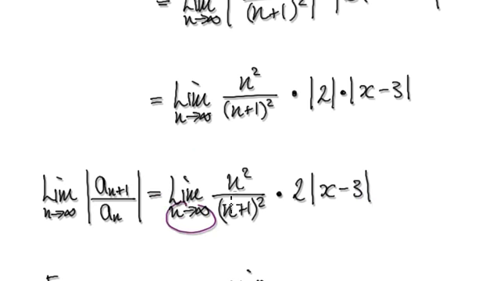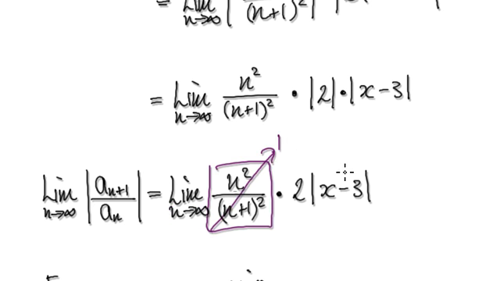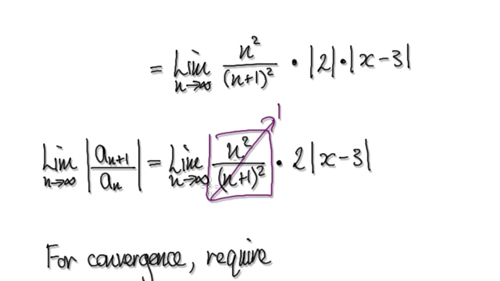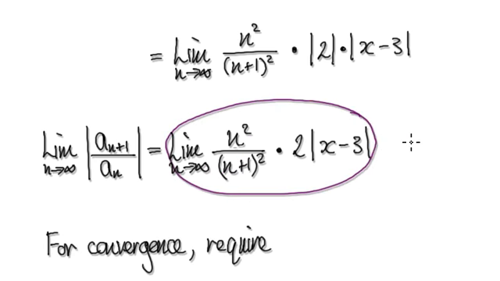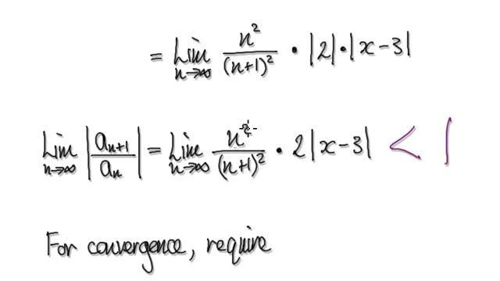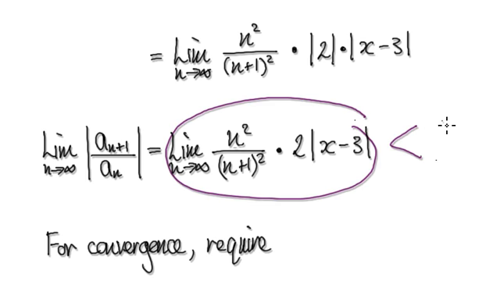So now as n tends to infinity, this block here will head towards 1. So for our series to converge, we require this whole thing here to be less than 1. Well, as n tends to infinity, this thing here is going to be 1, so we can ignore this for the time being. So let me take one step back. For convergence, we require the whole thing to be less than 1.